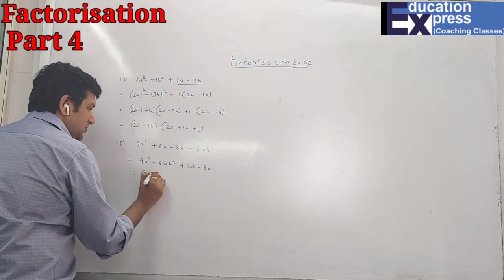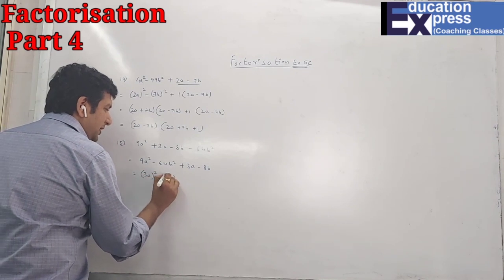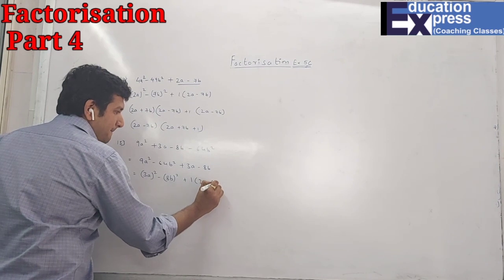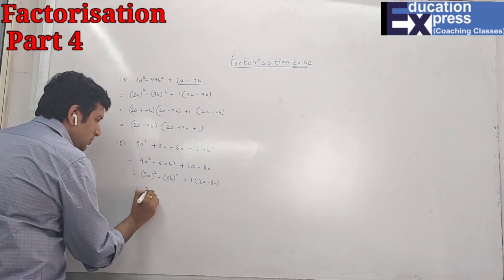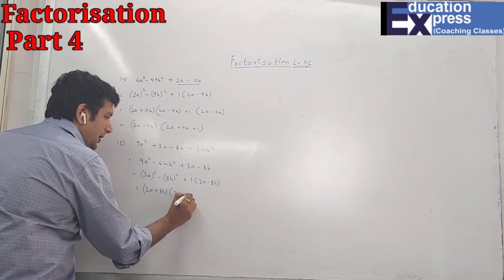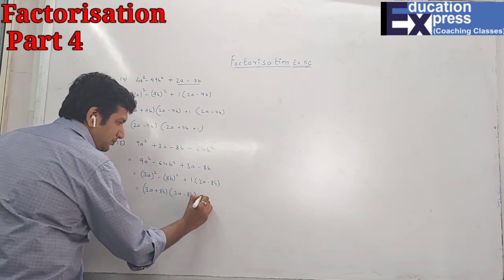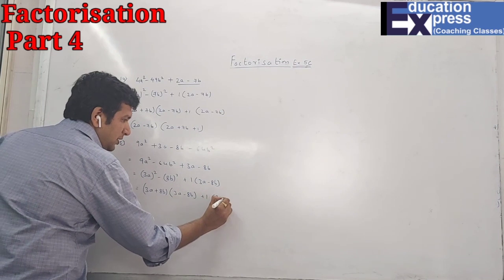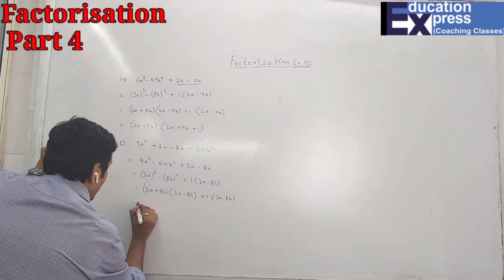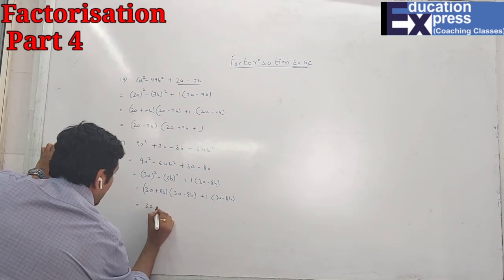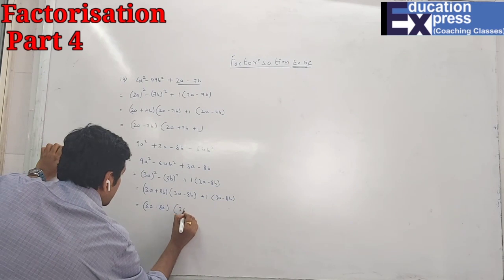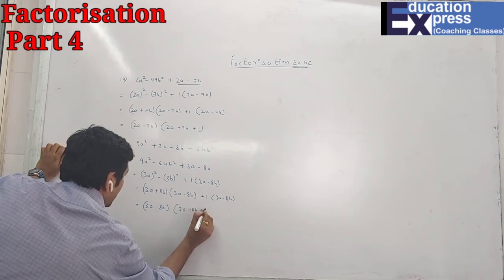This is 3a ka square, this is 8b ka square, nothing is common, and hence now 3a plus 8b, 3a minus 8b plus 1, 3a minus 8b. So now what is common? 3a minus 8b is common. So what is left is 3a plus 8b plus 1.